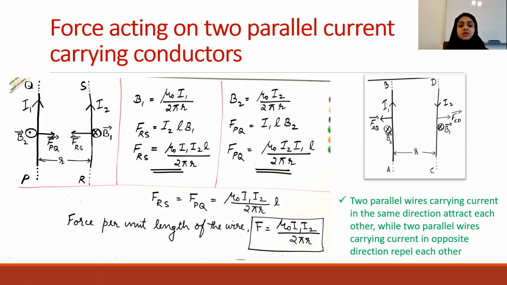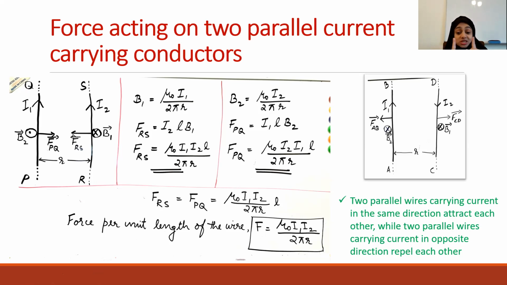I hope this concept is clear to you. Here, you have to memorize this expression, that is the force per unit length of a wire. If there are two wires carrying current I1 and I2, F is equal to mu naught I1 I2 by 2 pi r. And this magnitude is the same whether the current is flowing in the same direction or in opposite direction.